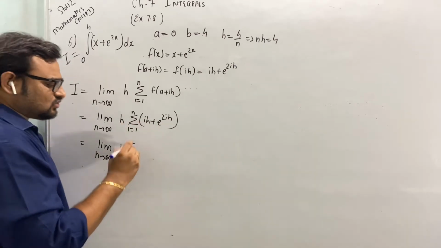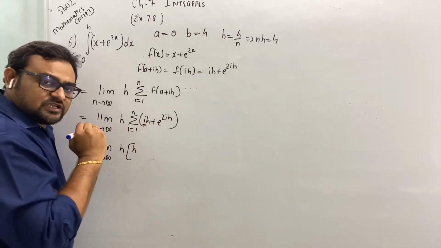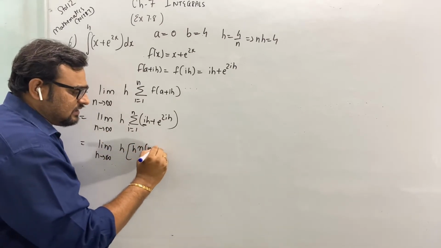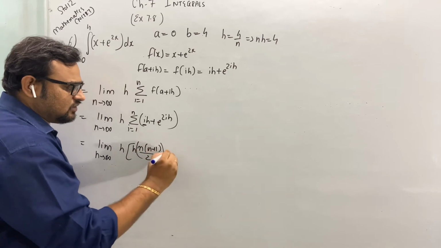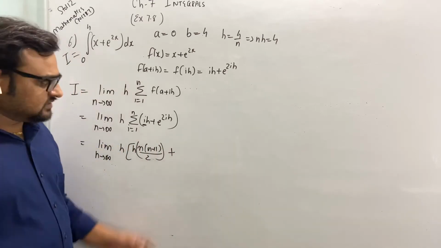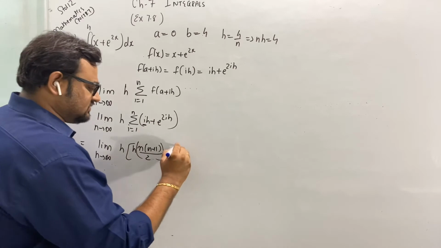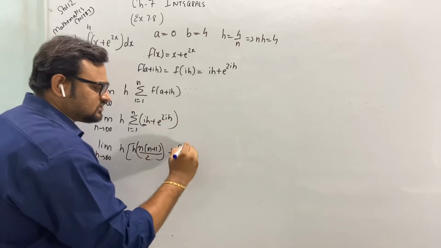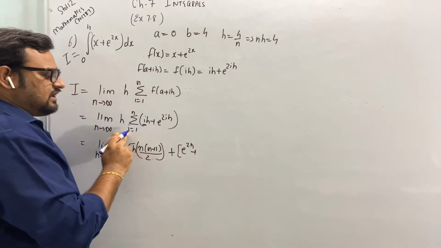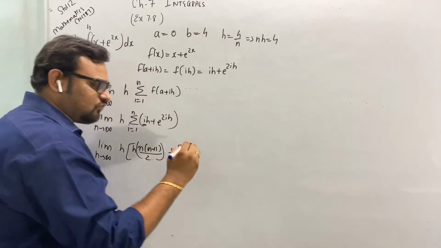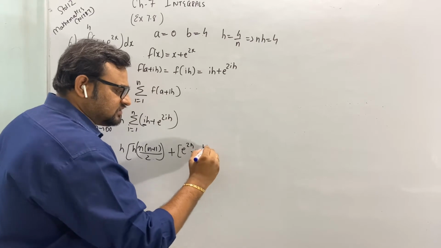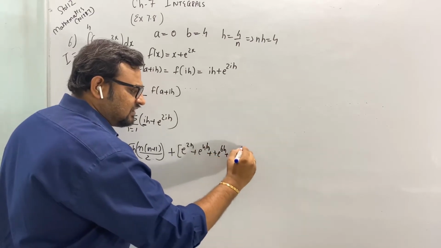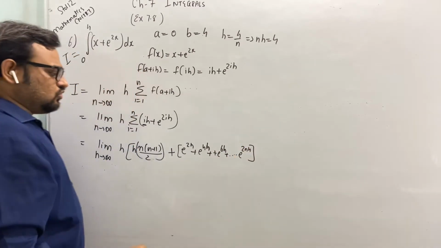Okay, so h is constant. Summation of i is n into n plus 1 by 2, plus e raised to 2ih, means e raised to 1 into 2 into h, 2h. I take i equal to 2, 4h, i equal to 3, 6h. So finally e raised to 2nh.